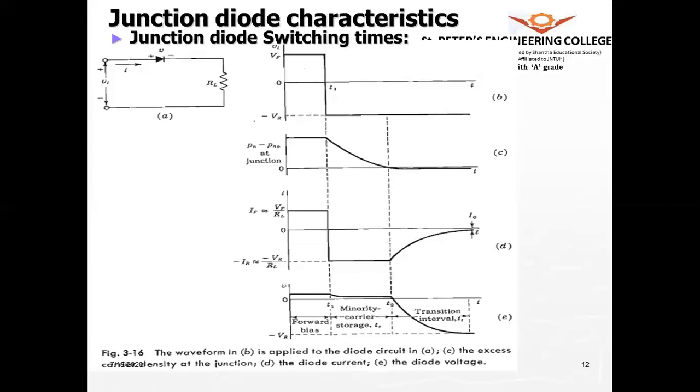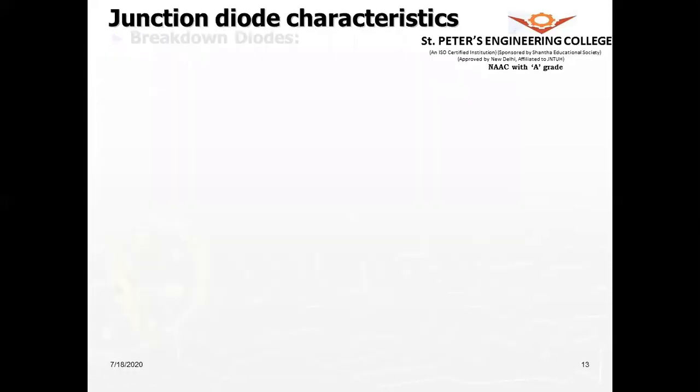So these are the different times that we have to identify. When we identify them, it will help us understand how quickly or how slowly the diode switches on and off, from the conducting to the non-conducting state.